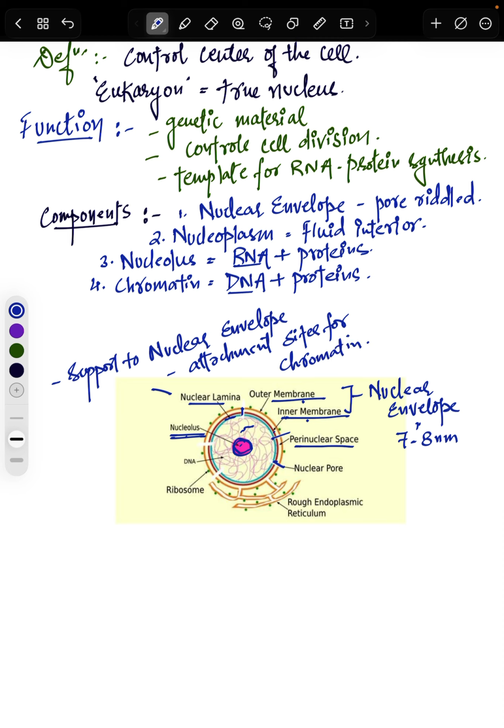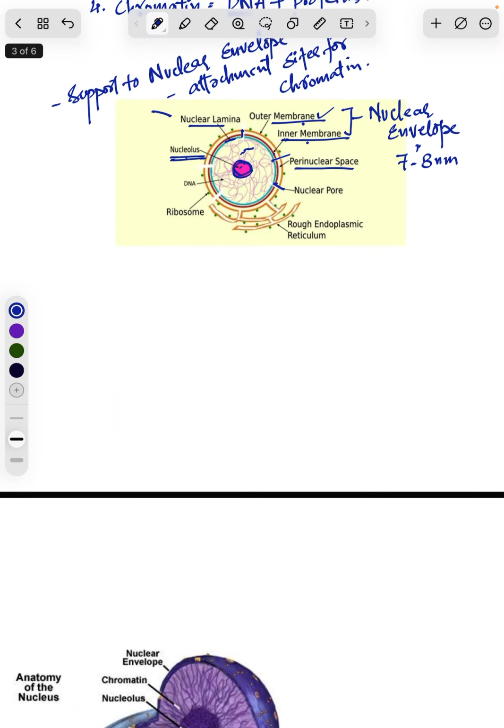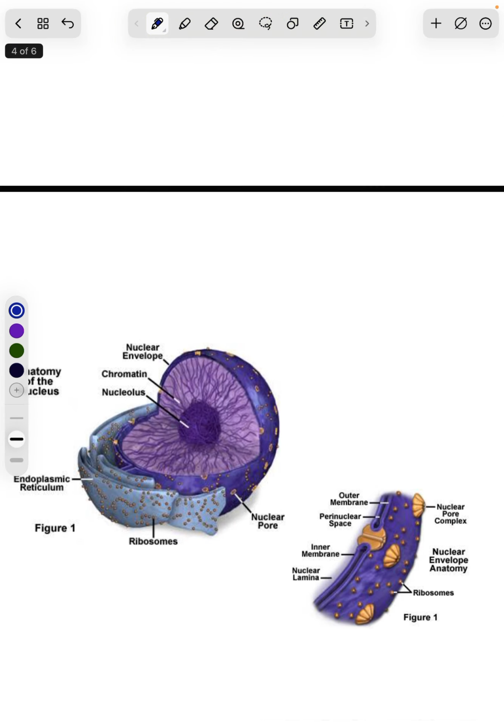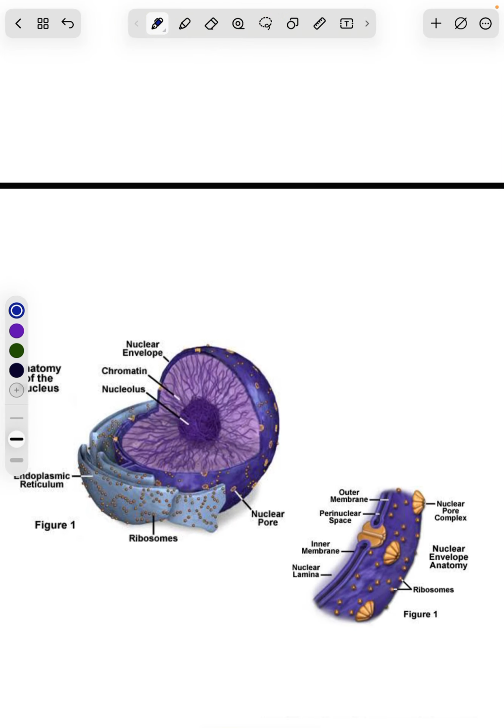Next we see the outer membrane. This outer membrane is continuous with the ER. When we see this diagram, you can see the outer membrane of this nucleus is in continuation with the ER. This is the ER, so the nuclear outer membrane is in continuation with the ER.